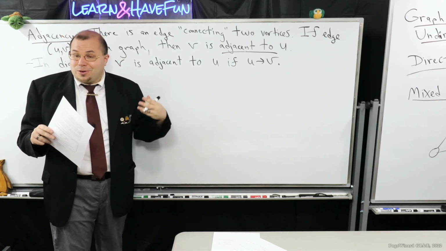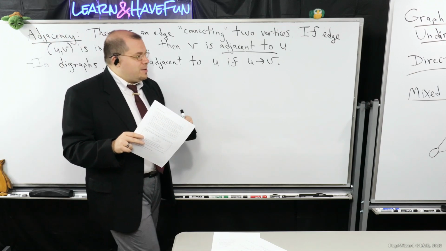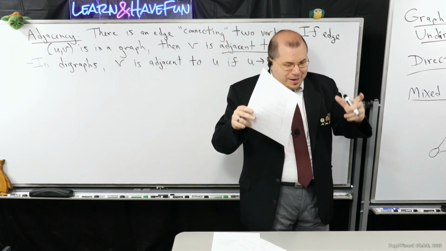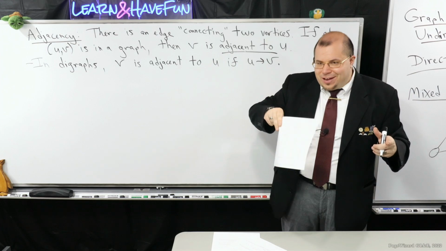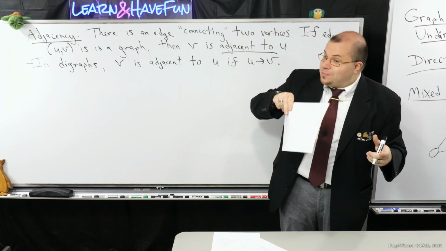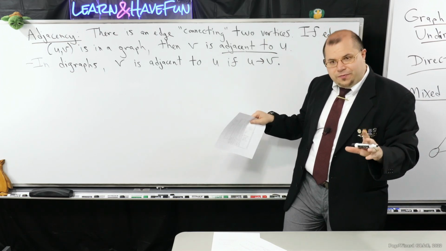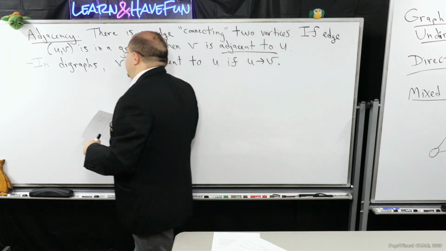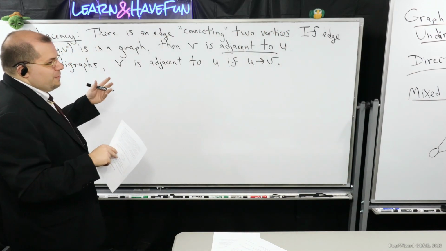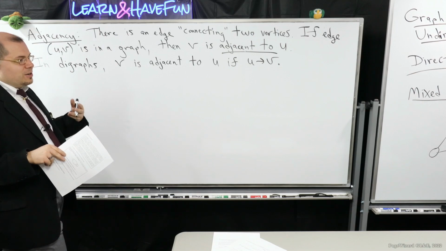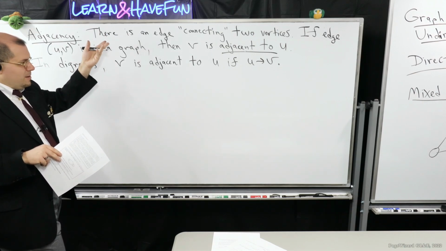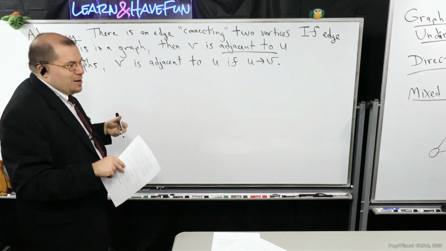Just like we talked about with our picture earlier with edge types, you can have an edge that goes from u to v, but you can also have an edge that goes from v to u. They have two different meanings. They're two different edges. So you can have the idea of a directed edge, or you can have one like we had before where it didn't matter which direction you're in.